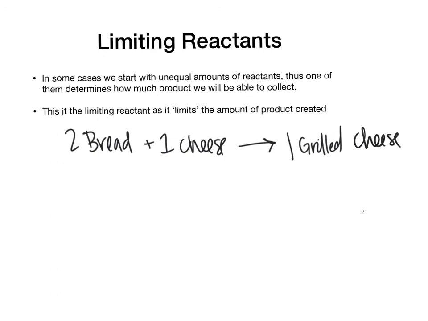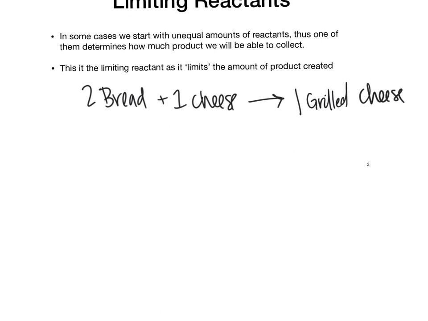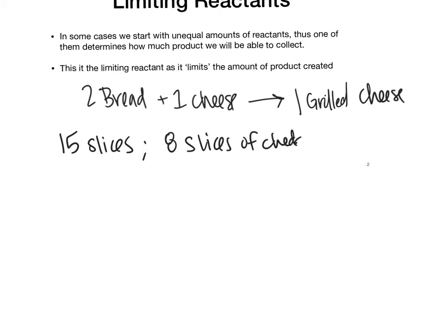So if you come to my house, let's just say I have a loaf of bread and I have 15 slices of bread, and we're going to open the cheese pack and there are just 8 slices of cheddar. I want to know which of those is going to control how many sandwiches I'm going to make.